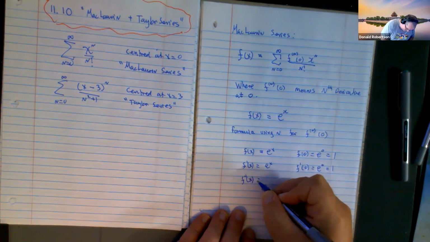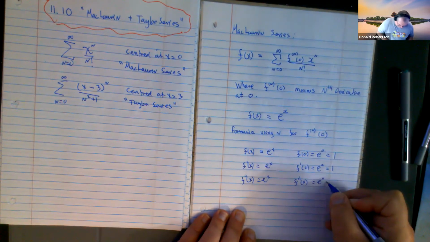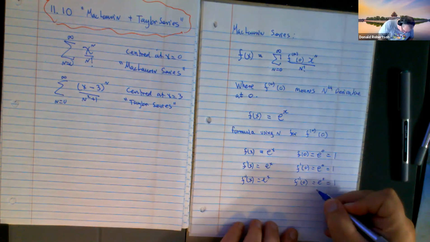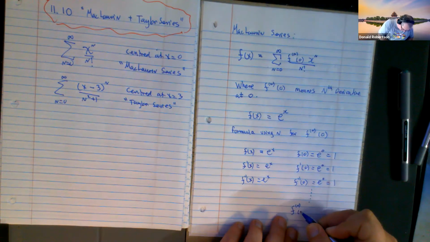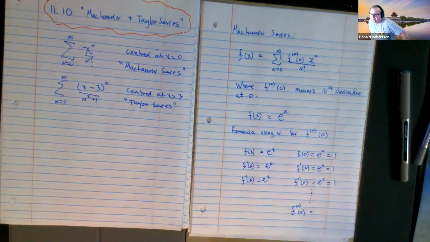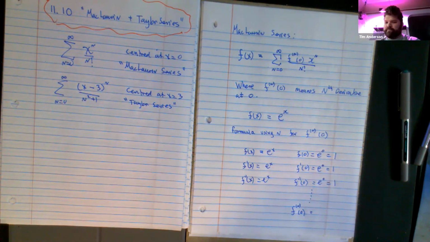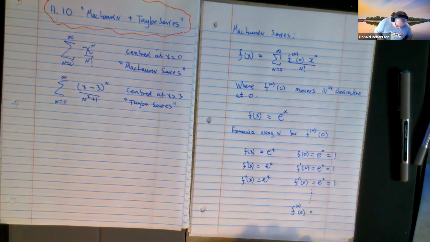Would you agree that e to the x is a very nice function to differentiate? Now, don't overthink this one. What is the nth derivative at 0 going to be? e to the n. Nope. 1. What is the value? 1. Agreed? You overthought it, made it harder than it was.